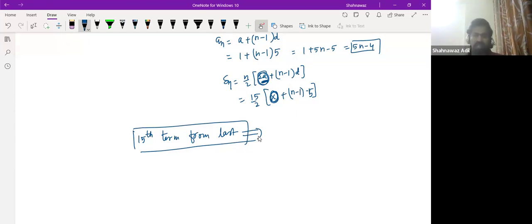The total number of terms or the last term is given. So you require n or you require the last term.